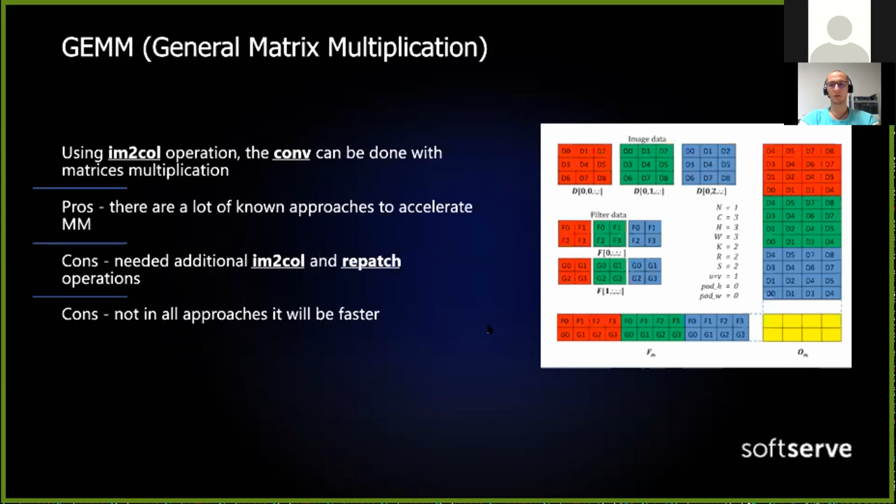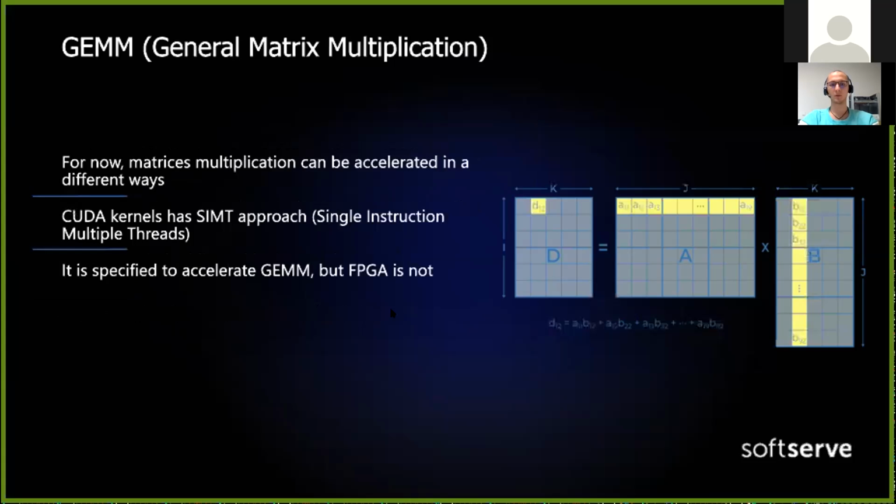For example, if we use a simple matrix multiplication on FPGA, it will be much slower than the same approach on the GPU, because GPU is the best for operations over matrices, and for matrix multiplications.